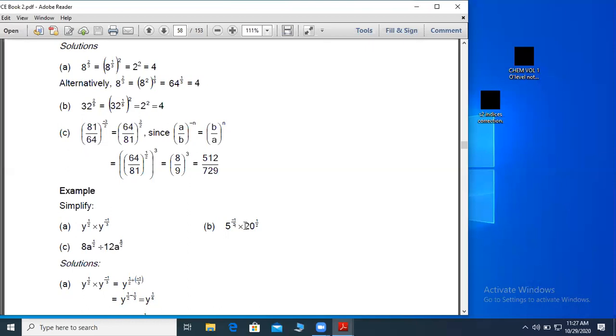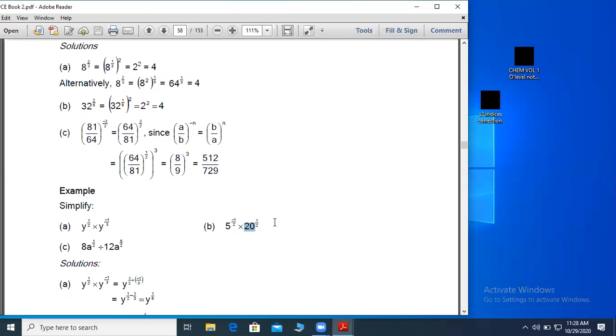Those are factors of 20. Now you try to use a factor that already has 5, which we have here. So 20, we are going to say this, we open bracket and say 5 times 4, then we close bracket, and all of it is power a half.